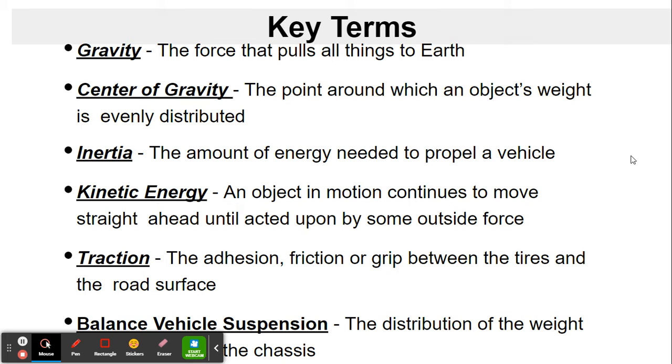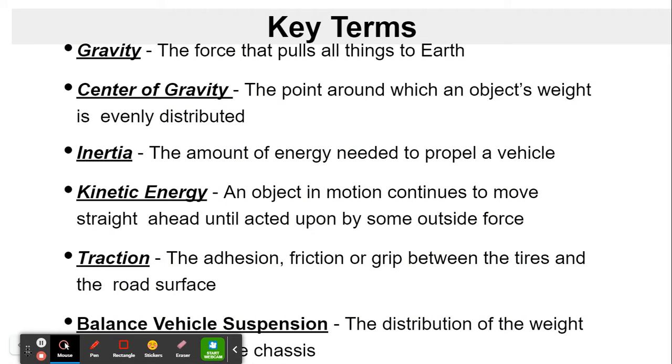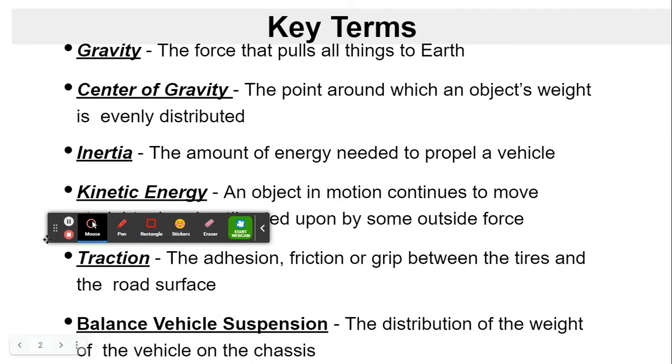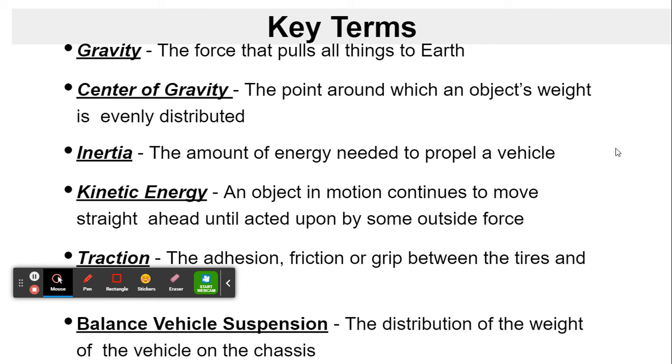Kinetic energy is an object in motion continues to move straight ahead until acted upon by some outside force. Traction is that outside force, right? The adhesion, friction, or grip between the tires and the road surface. And balance, vehicle suspension, the distribution of weight of the vehicle on the chassis of the car.